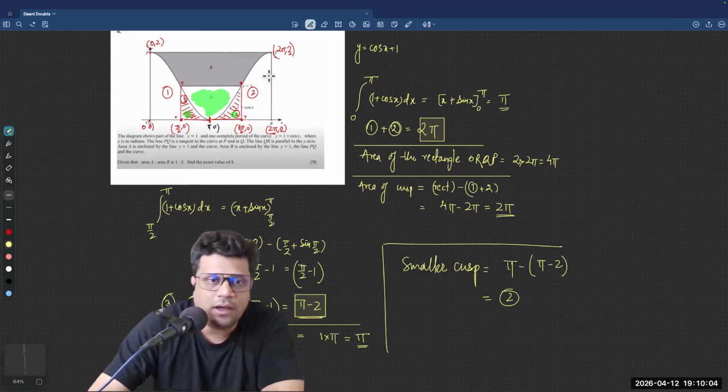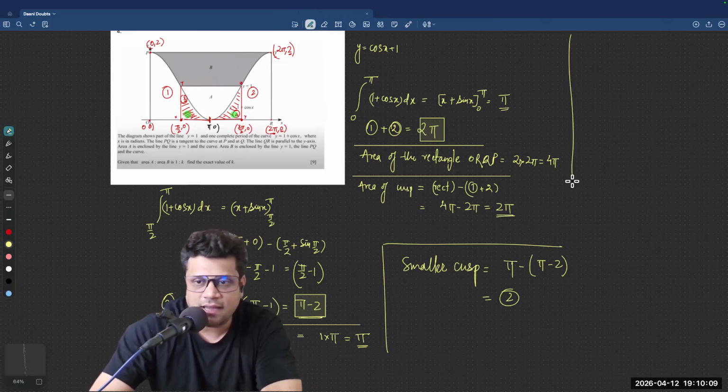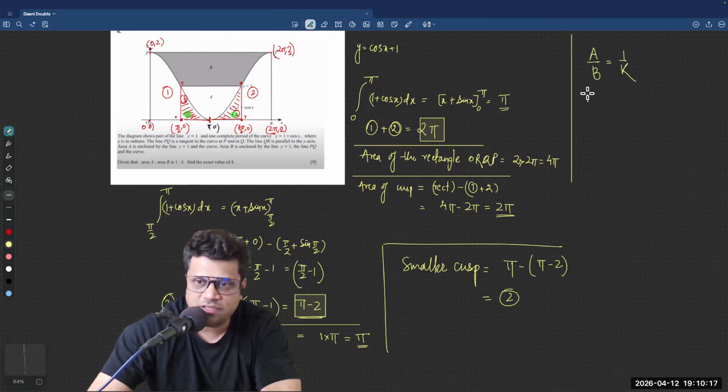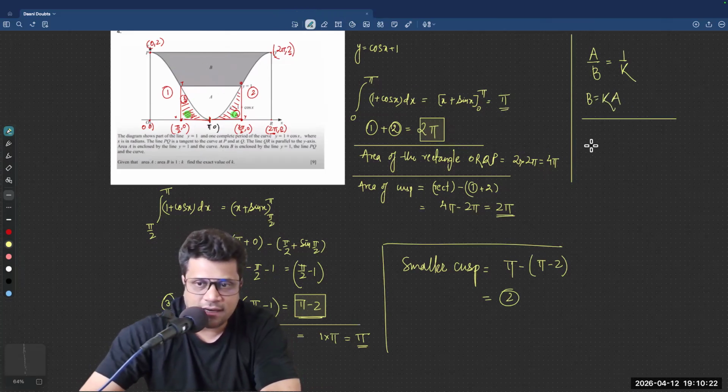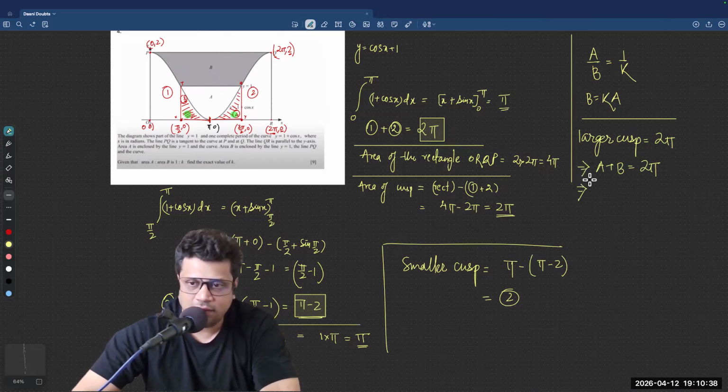Okay. So there's one thing given about these areas that we are going to use now. It's given that the area A by B is 1 by K, which means B is K times A. Well, I know that the larger cusp is 2 pi and it is equal to A plus B. And I also know that the A thing, the smaller cusp, is 2.